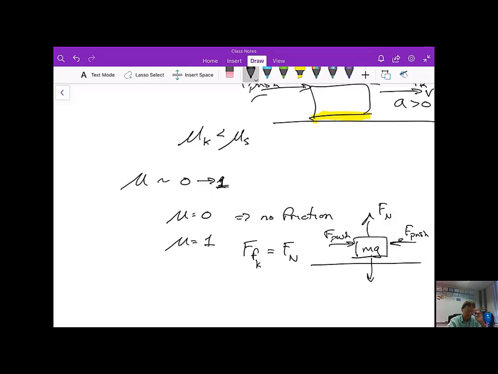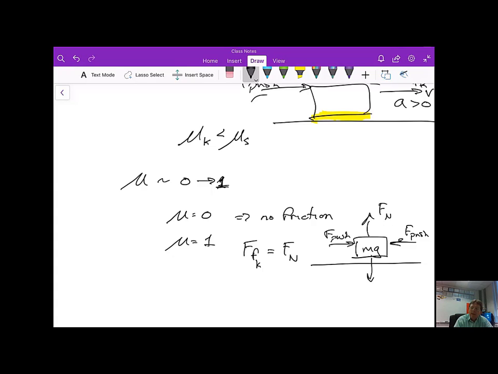If the coefficient of friction was 1, then the frictional force that opposes your motion, in this case kinetic, would be equal to Fn. In the picture that I just drew, Fn is equal to the weight. So the frictional force would be equal to the weight.